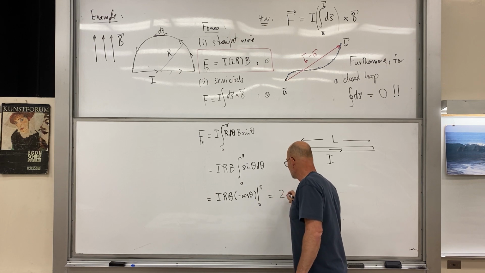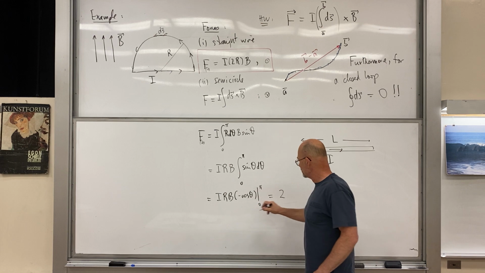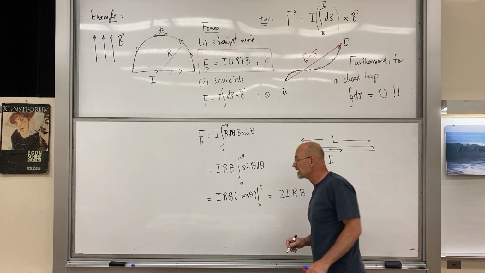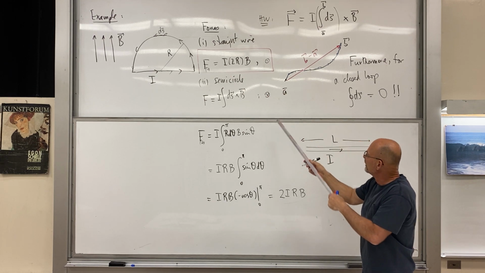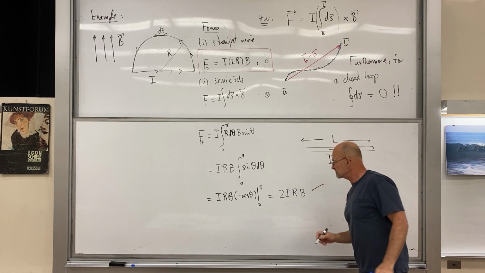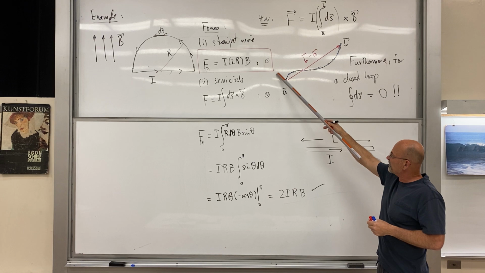So we end up with positive 2, by the way, make sure you write that out. 2 IRB, and that's what we had here, 2 IRB, but this time it's out of the board, which means that they add up to 0.